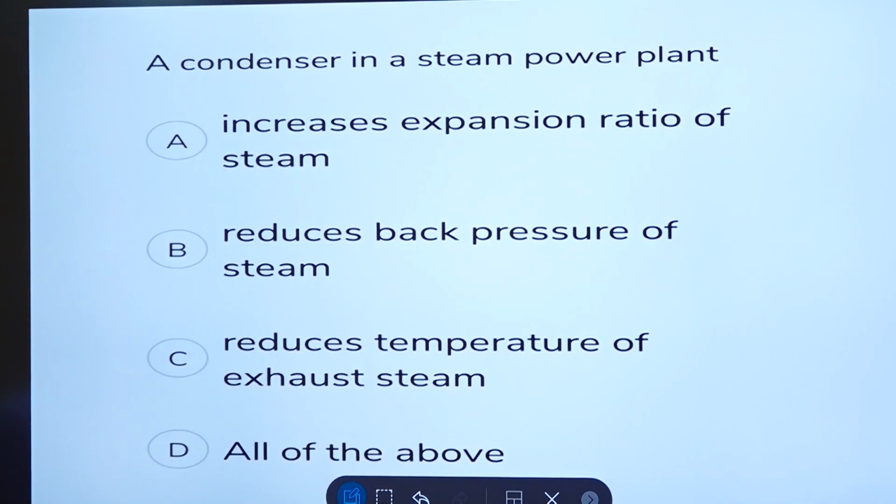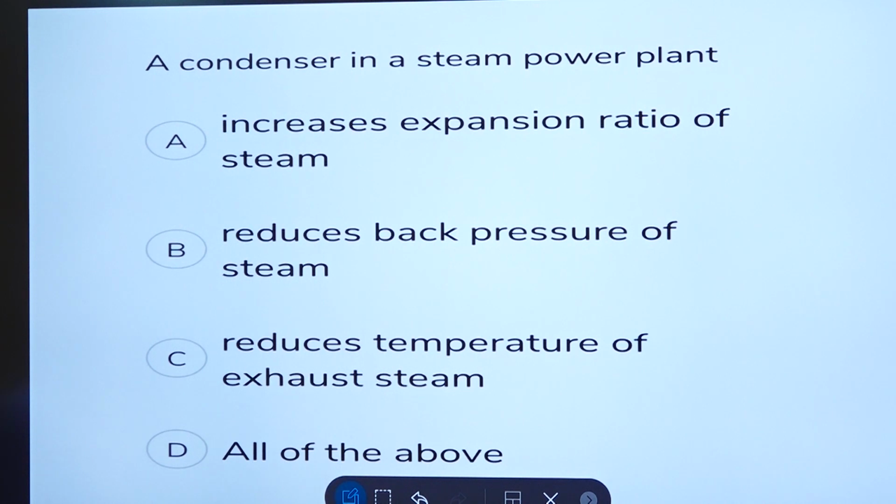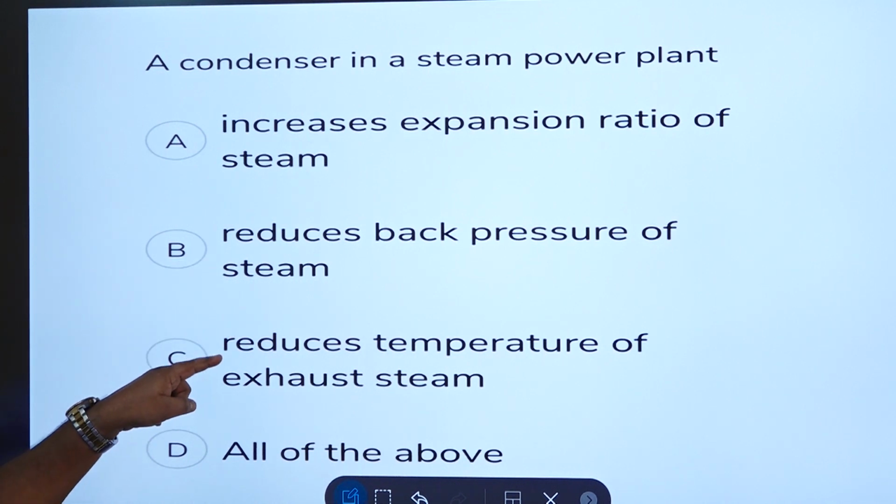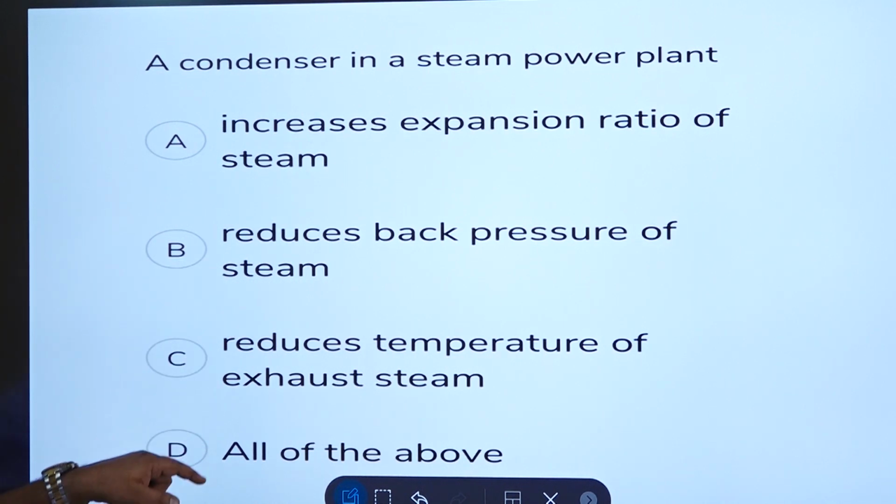Next one, a condenser in a steam power plant. What happens in the condenser? It increases the expansion ratio of steam, it reduces the back pressure of the steam, and it reduces the temperature of the exhaust steam.